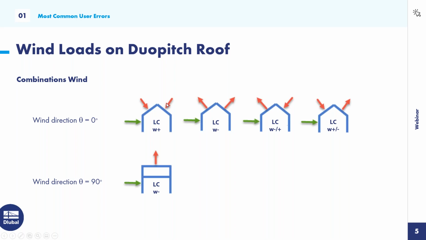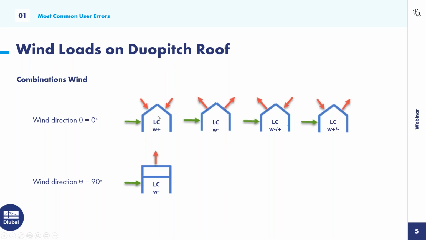According to Eurocode, there are at least 4 wind load cases necessary for the wind direction 0 degrees and 1 load case for the wind direction 90 degrees, in the case of a symmetrical model. In our example today, we handle only these wind load cases because it's a symmetrical steel hall.